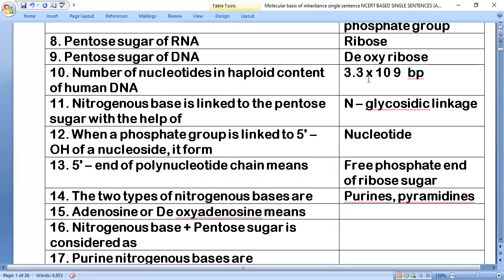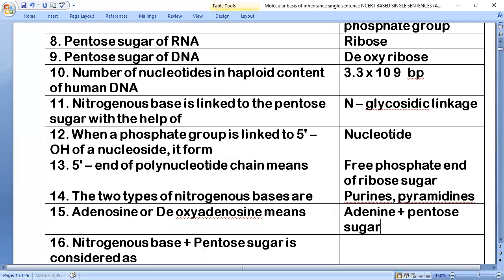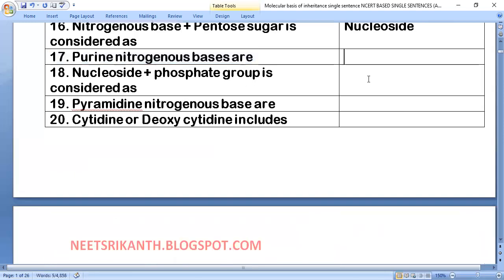Adenosine or deoxyadenosine means adenine plus pentose sugar. Nitrogenous base plus pentose sugar is considered as nucleoside.